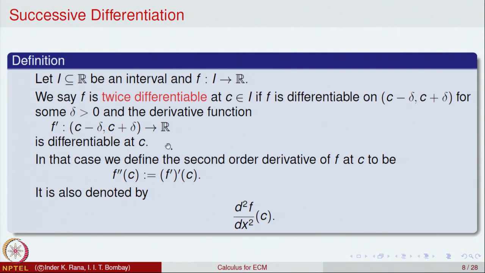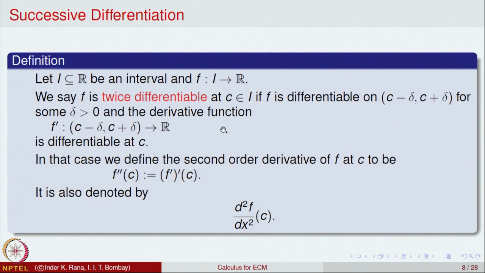So, if f is differentiable in an open neighborhood of the point C, and the derivative function which is defined in that neighborhood is again differentiable at the point C, then we say that the function f is twice differentiable at the point C.